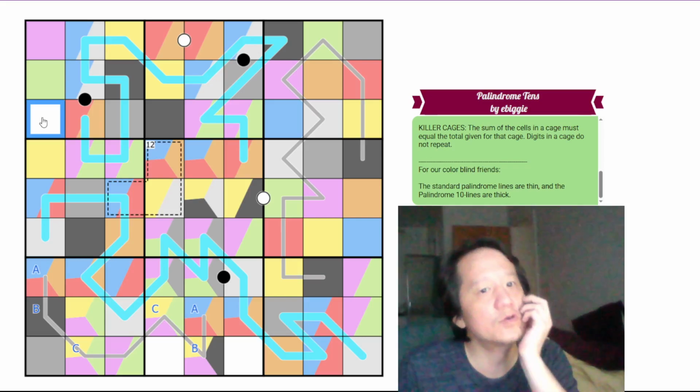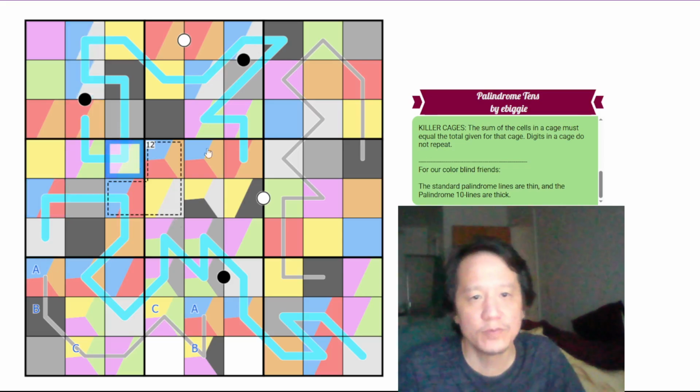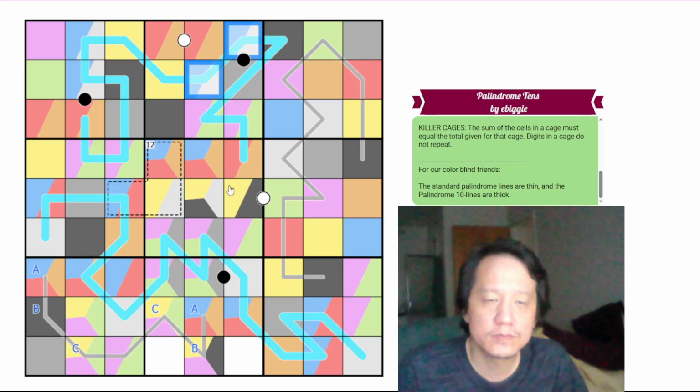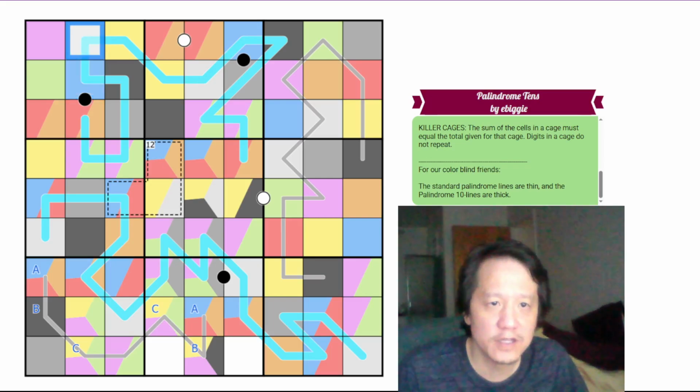This is blue, orange, or red, and it's specifically orange or red because it cannot be blue, because one of these two is blue. This light means this can't be light here. So this is blue, which means this can't be blue. This is light, which means this can't be light. So it's blue, this is light.